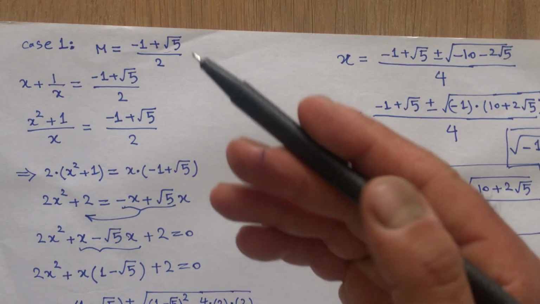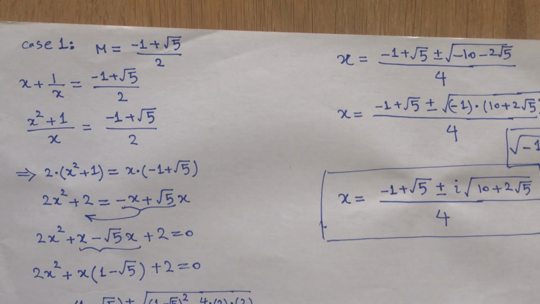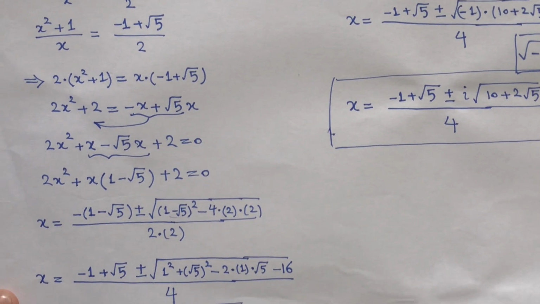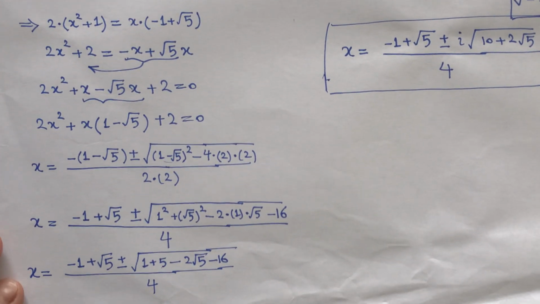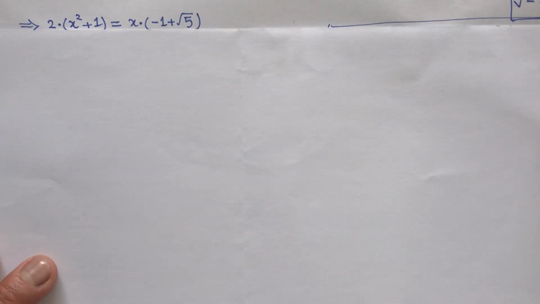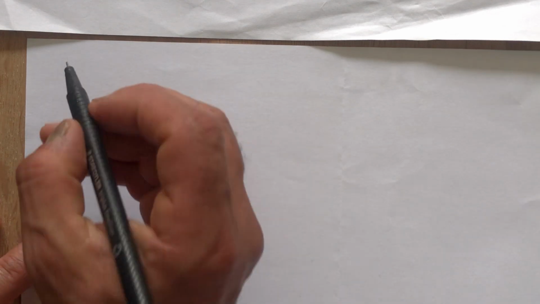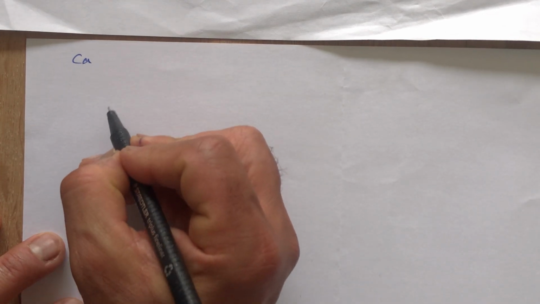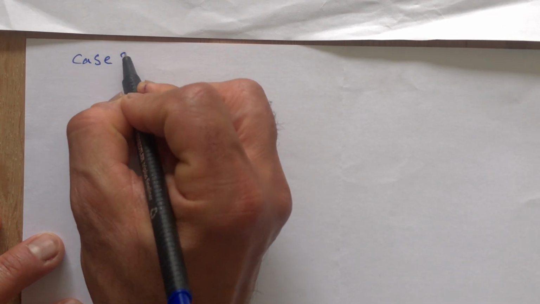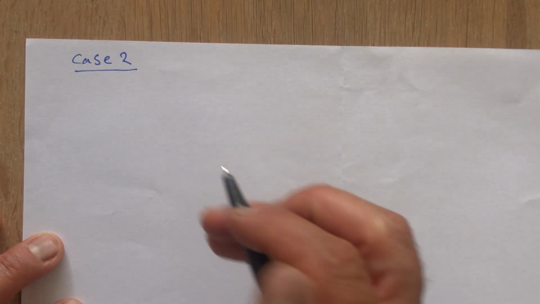I can follow the same procedure for the other root, when m is minus 1 minus square root of 5 over 2. So I can write it again for case 2.